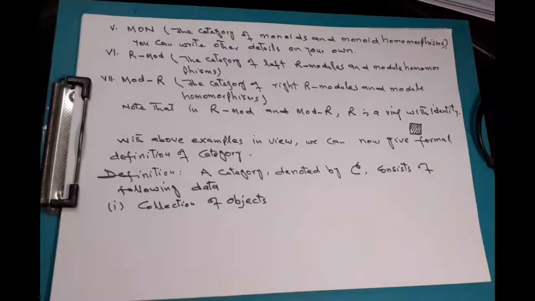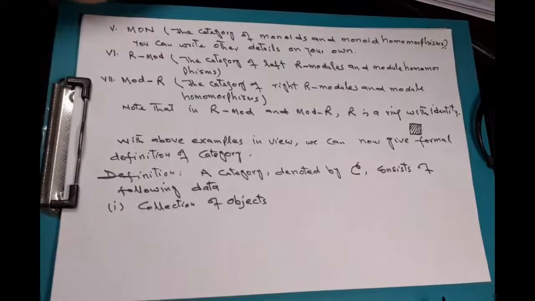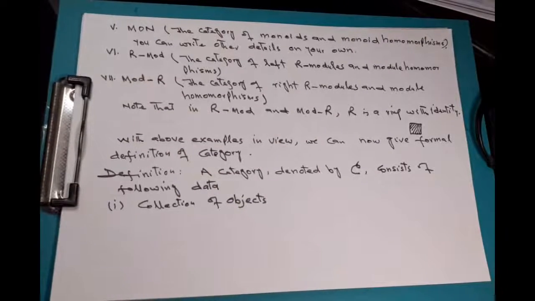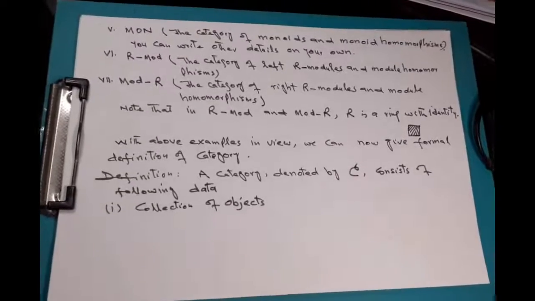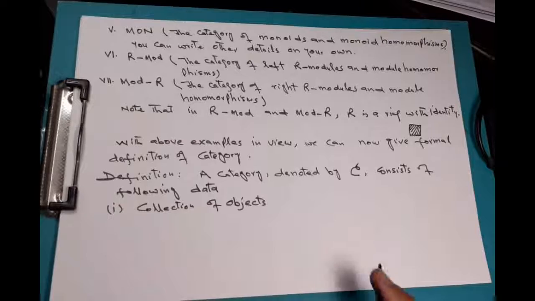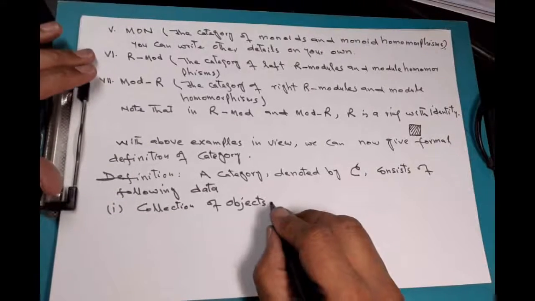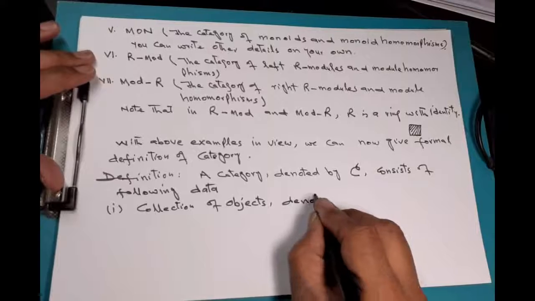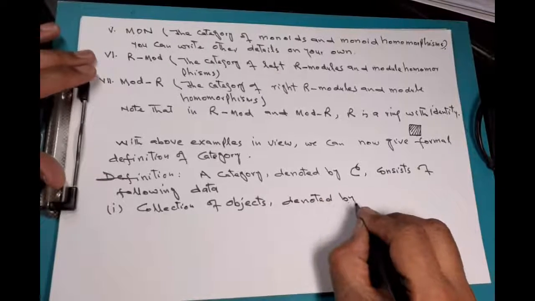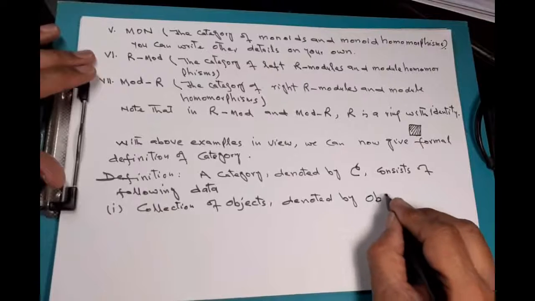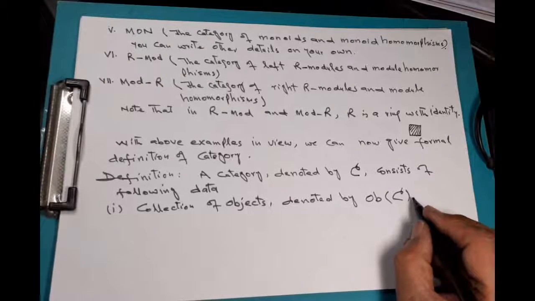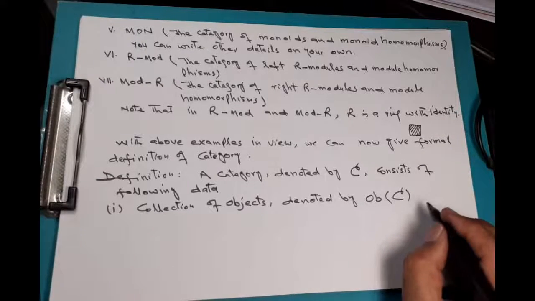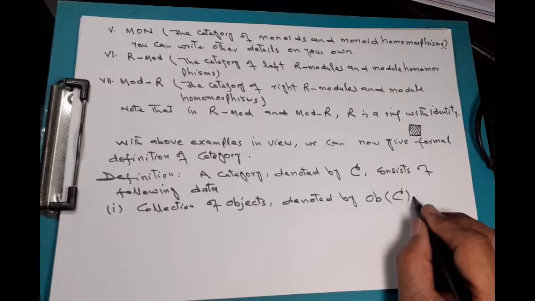So first of all, we have collection of objects, and we will denote it by objects of C. This is collection of objects, and this is the symbol for that.